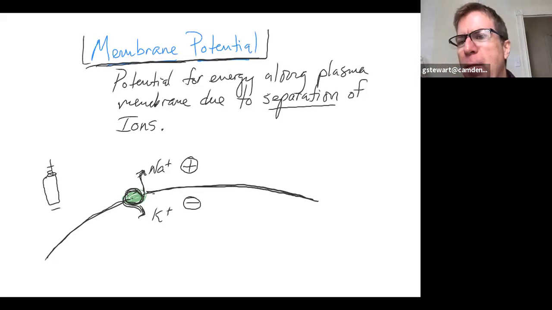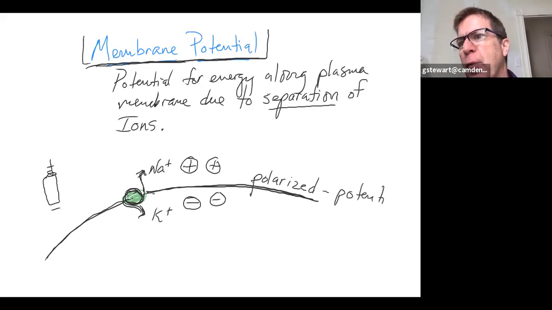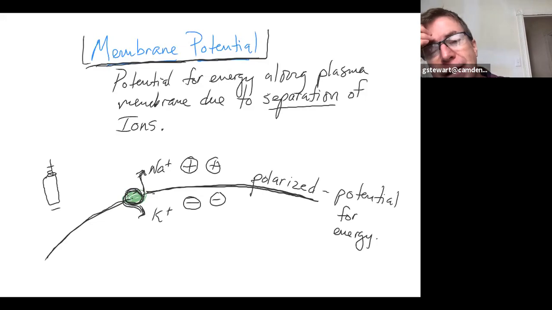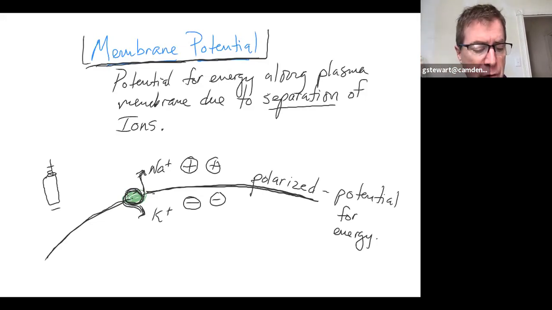We say that this membrane now is polarized because of this separation of charge, and therefore has potential for doing something. We'll go into great detail when we talk about the nervous system, how a nerve cell can fire an electrical impulse.